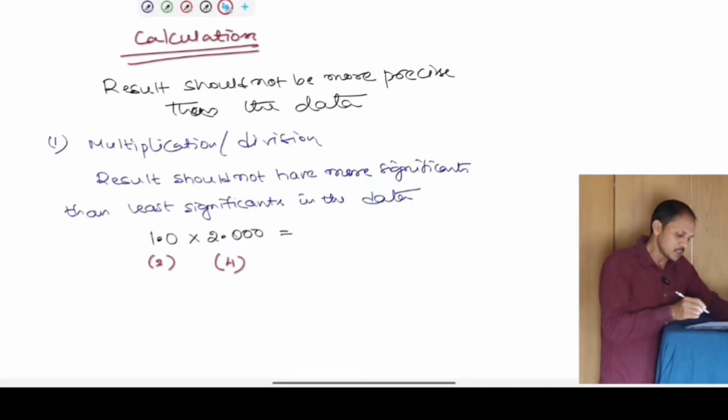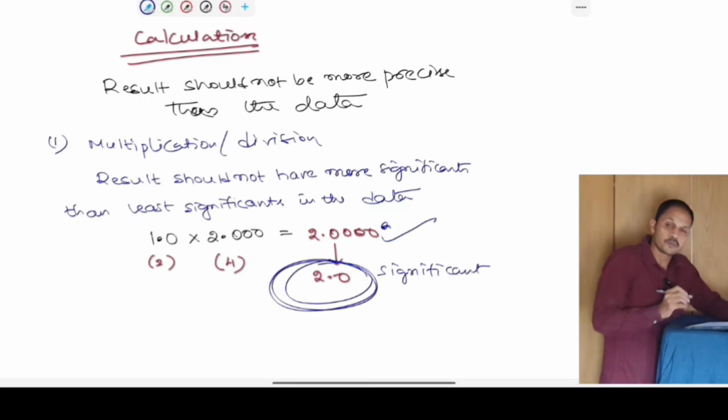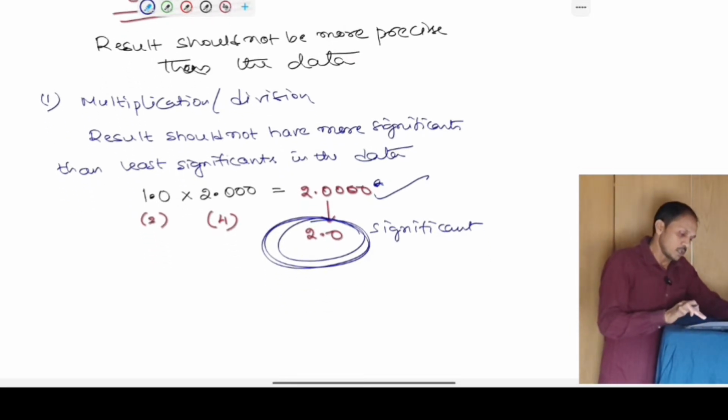Actually, the multiplication gives 2.000, but according to the significant rule, we should have only 2 significants. So the answer is 2.0. This is the actual multiplication and this is according to the significant rules. Correct?